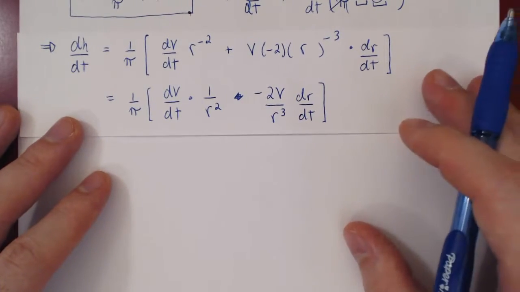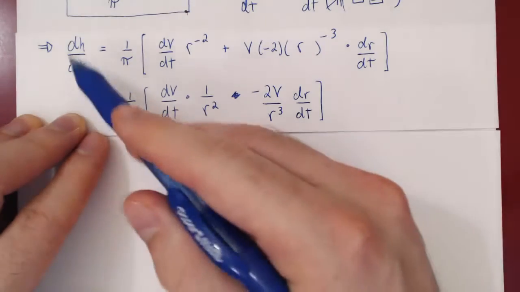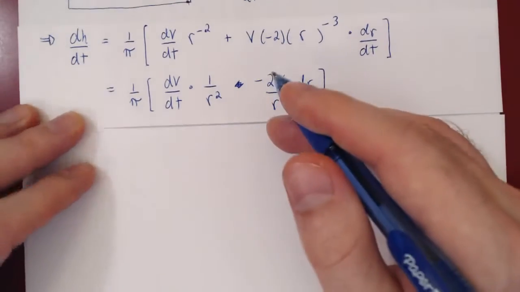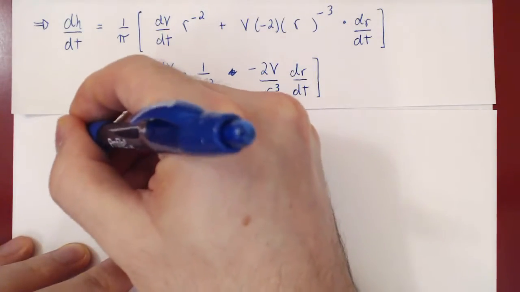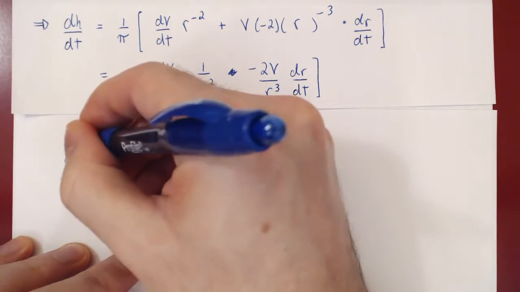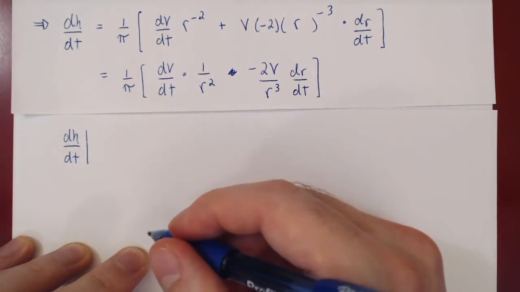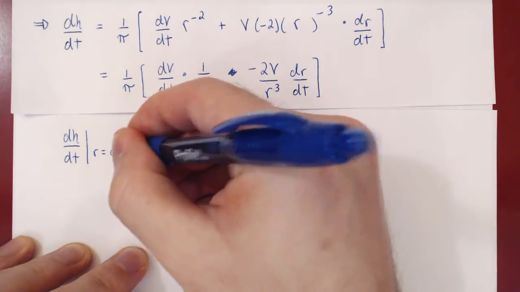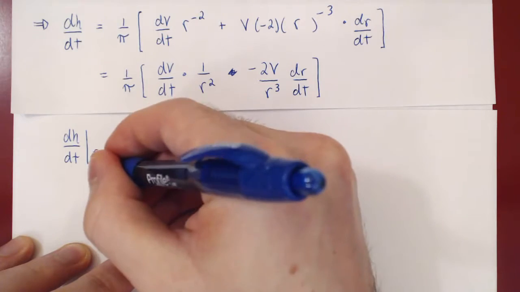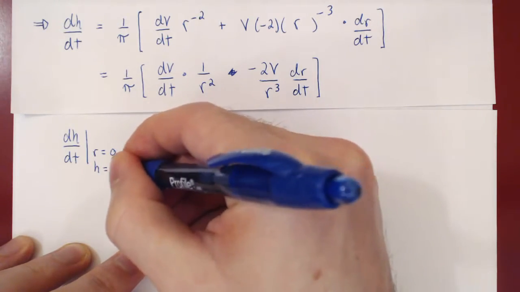So here's what we had. dh over dt was equal to this, but we wanted dh over dt specifically when the radius was equal to 0.6 and the height of the bale was 1.2 meters.